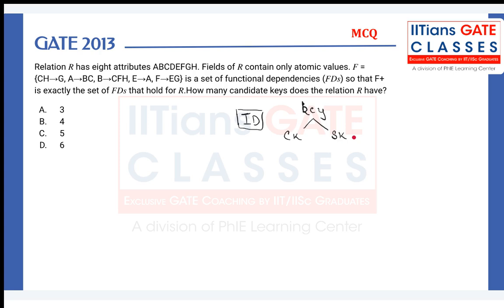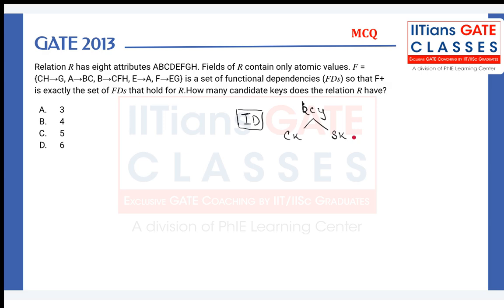So a key definitely consists of some set of attributes. For example, in what I showed you, ID is one of the candidate keys because it is a set of attributes, and you cannot get a smaller set of attributes than that. ID is just one attribute, right?